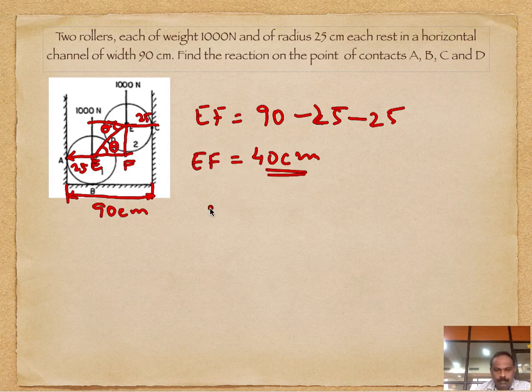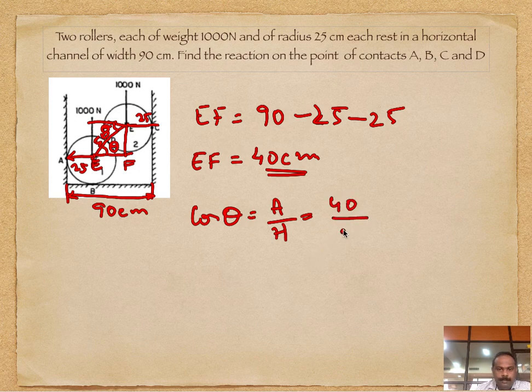As we know, cos theta is equal to adjacent side by hypotenuse. Hypotenuse we can easily find. This is our radius, radius is 25. So this 25 plus this 25, the total will be 50. So this is our hypotenuse, and this is our adjacent side. So cos theta is equal to 40 divided by 50. We can cut the zeros, and it is 4 by 5.